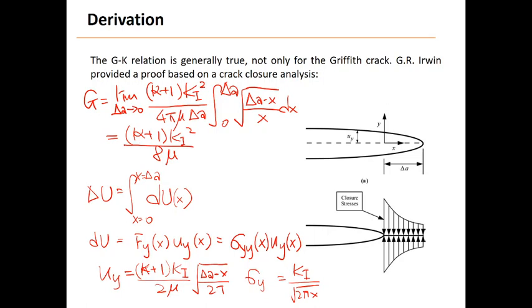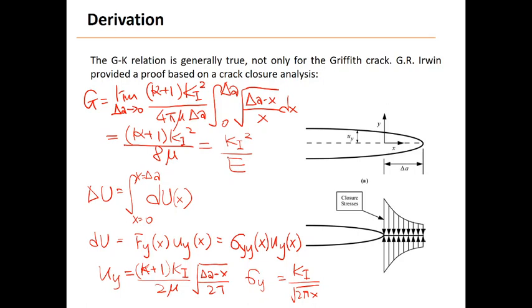Now kappa can depend on plane stress or plane strain, they are different. So I'm writing this down for plane stress, right? Because kappa, we talked about this in the first part of the lecture. Then they are related to the Poisson's ratio, so they can be related to this.